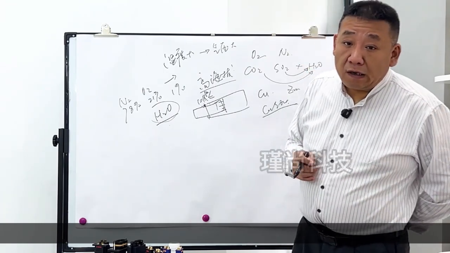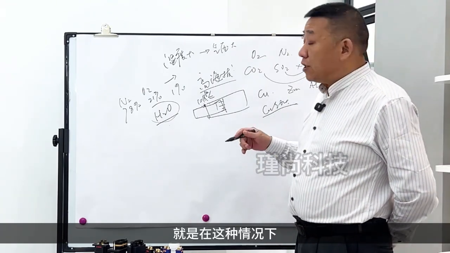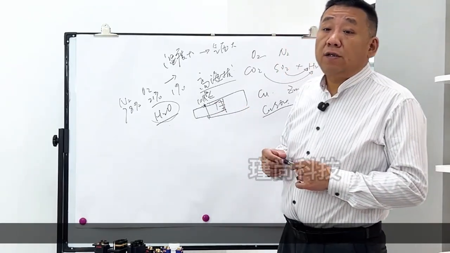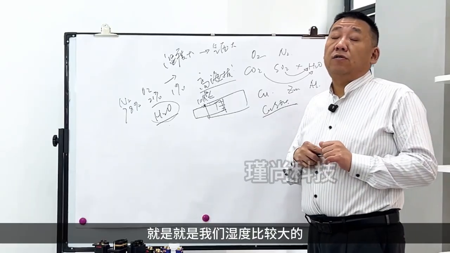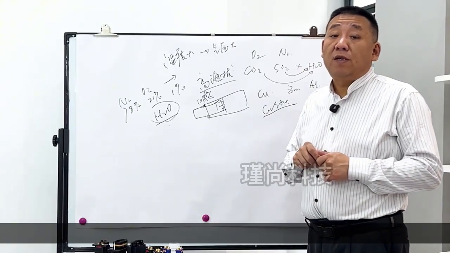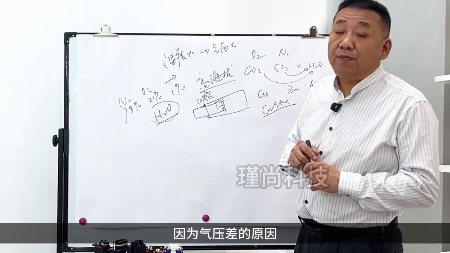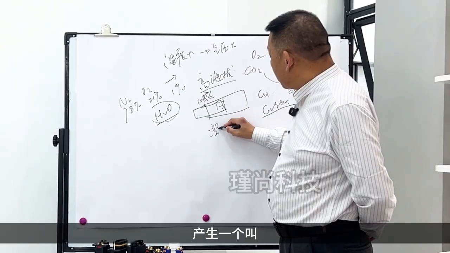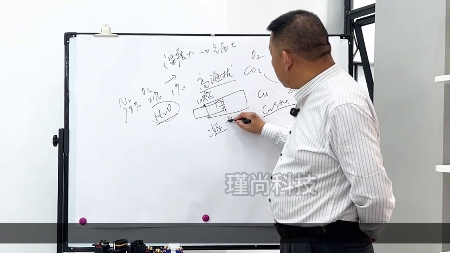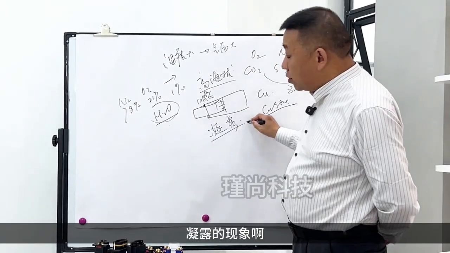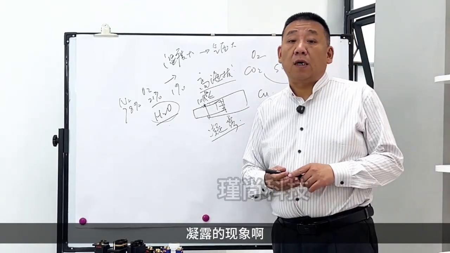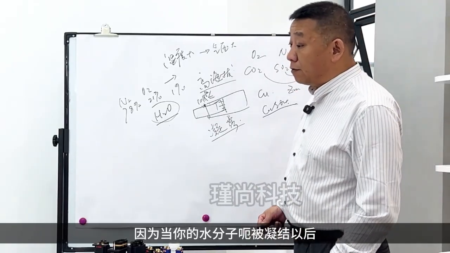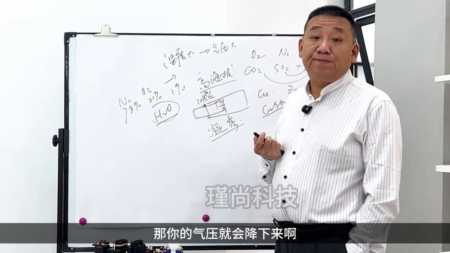Then there is another situation. What if there are water molecules in my air, and we have a lot of humidity? At this time, because of the air pressure difference, it forces the water to condense. When your water molecules condense, your air pressure will come down a little.